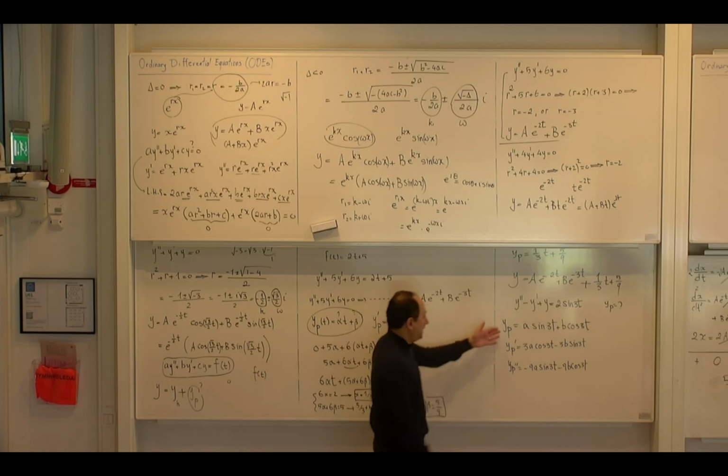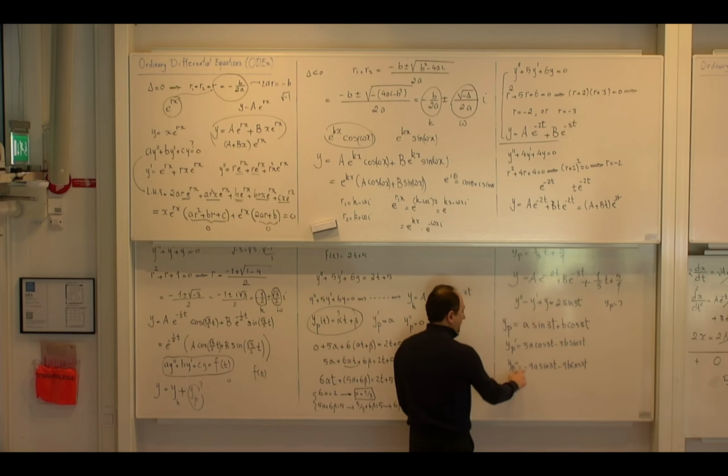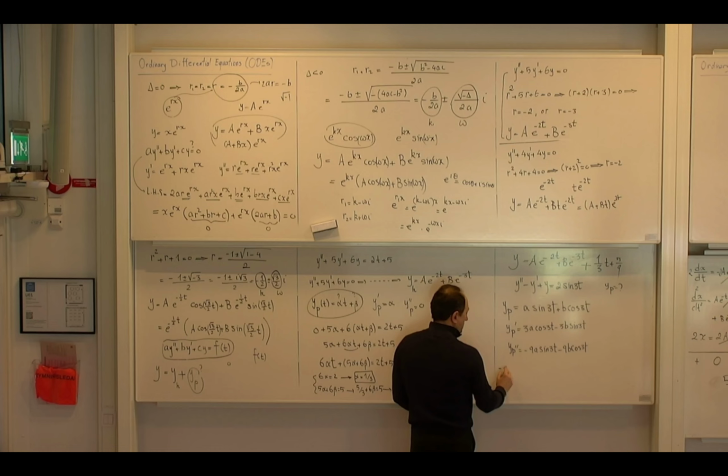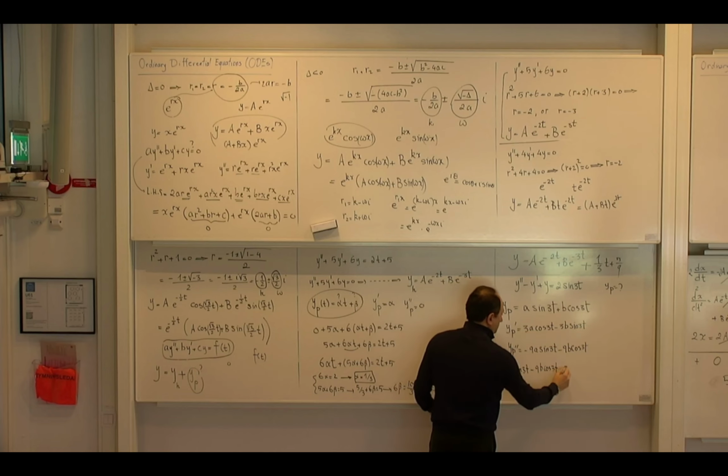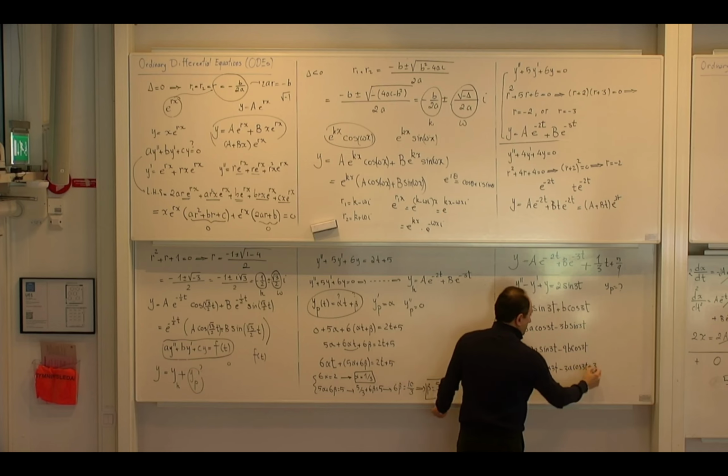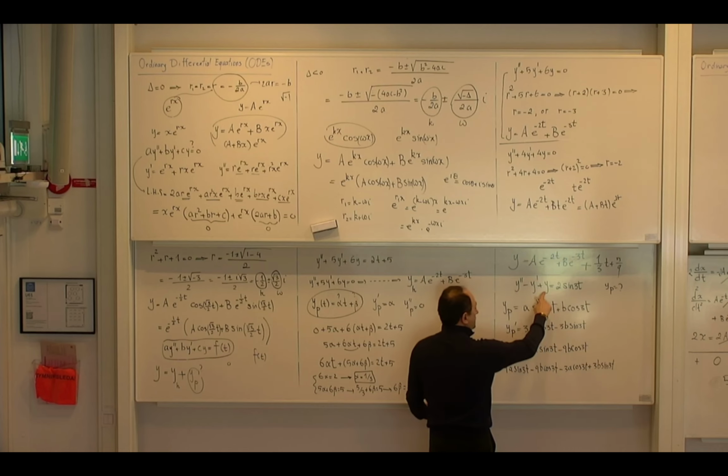Now I take them with me and put them back into my equation. So it becomes minus 9a sine 3t minus 9b cosine 3t. And then I have minus y prime. So I multiply everything by minus sign. Then it becomes plus 3b sine 3t. And then I have plus y. This is my y.